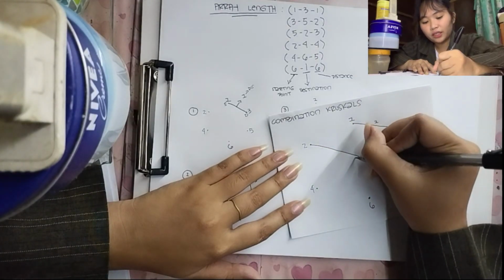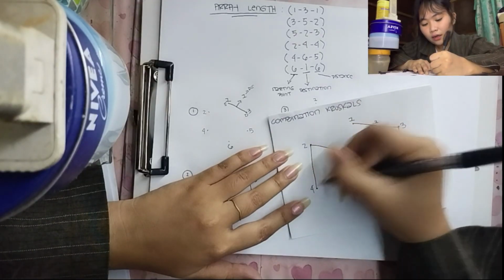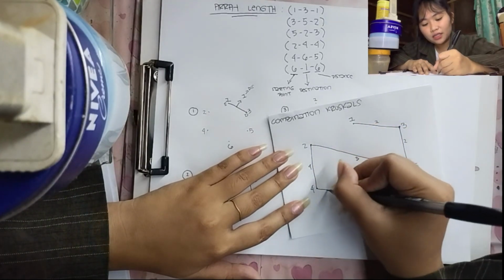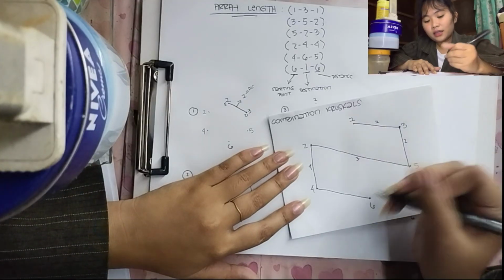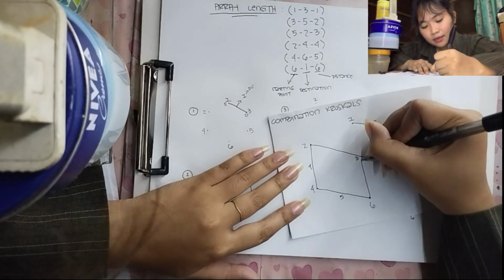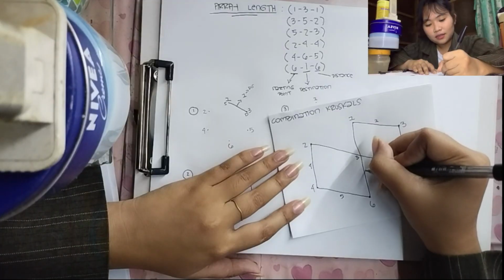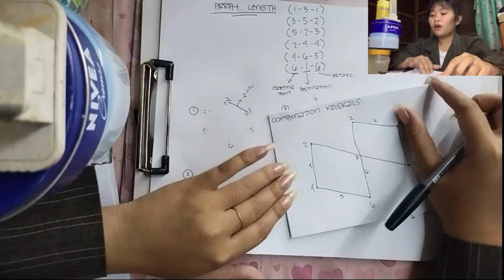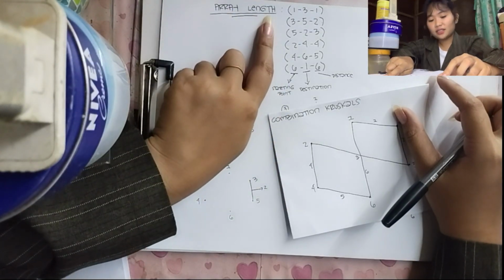This is 3. 2 to 4. This is 4. 4 to 6. This is 5. And 6 to 1 is 6. So, this is the pattern of this array length of Kruskal's.